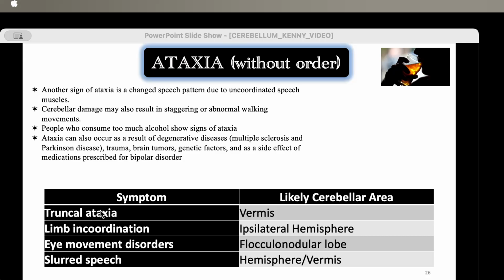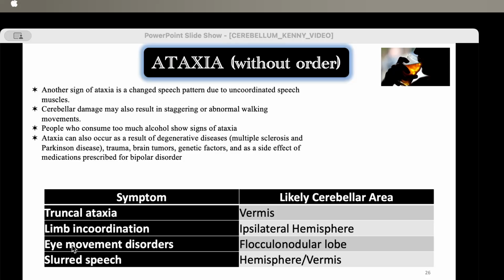Trunk ataxia, we said, is due to a lesion of the vermis, and limb incoordination is due to a lesion on the cerebellar hemisphere. But which side of the cerebellar hemisphere? It will be the ipsilateral side. And why ipsilateral? We have already said, because of the double decussation of the information that comes from the cerebellum to coordinate this muscular movement.